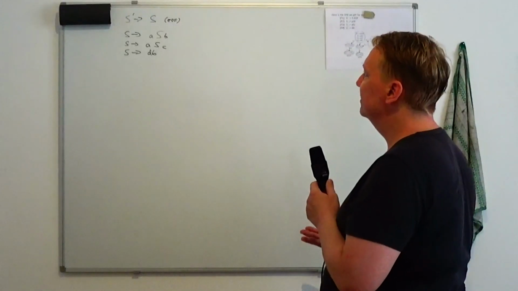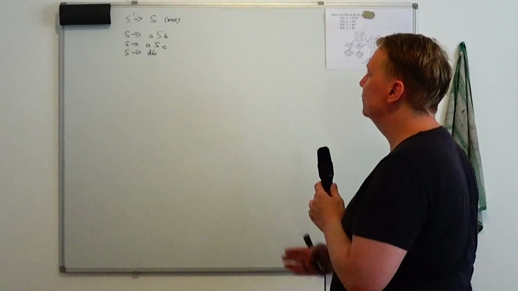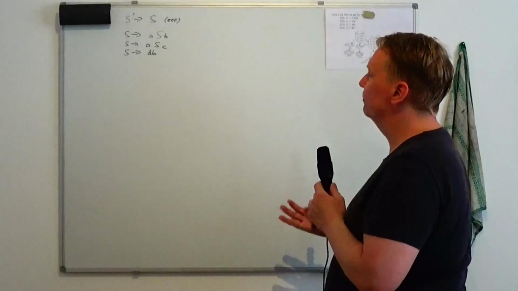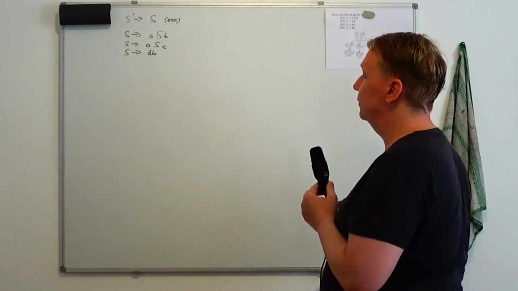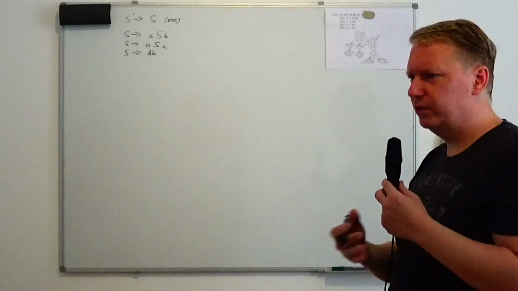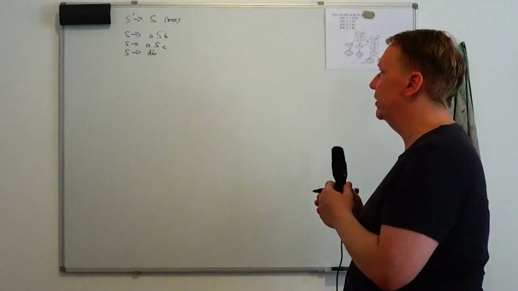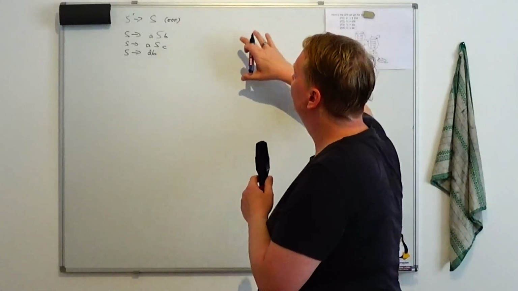Now how does the LR parsing method turn this grammar into a computer program? It generates a pushdown automaton, and a pushdown automaton can then really easily be turned into a computer program. So that's what we're doing.